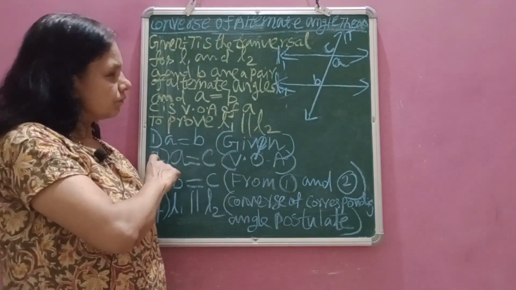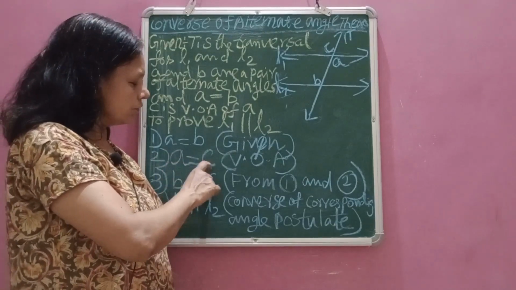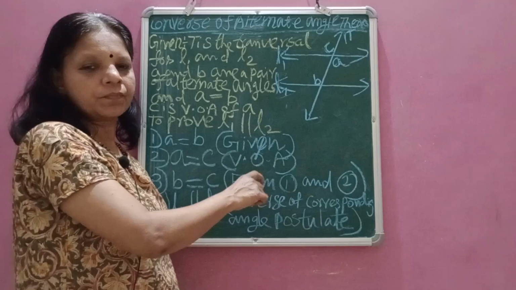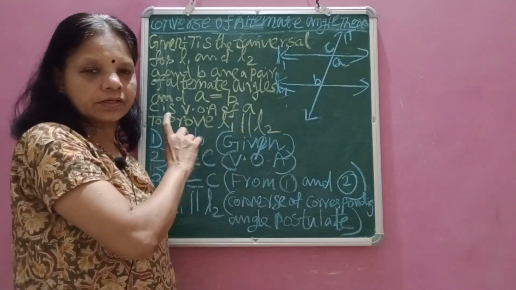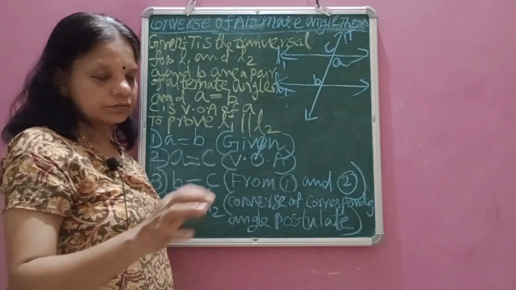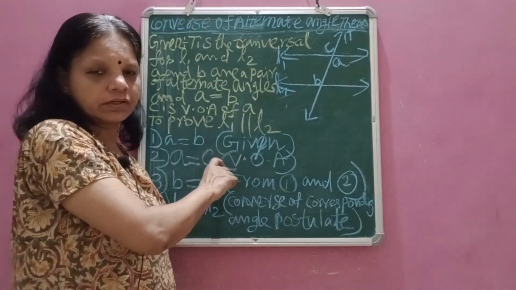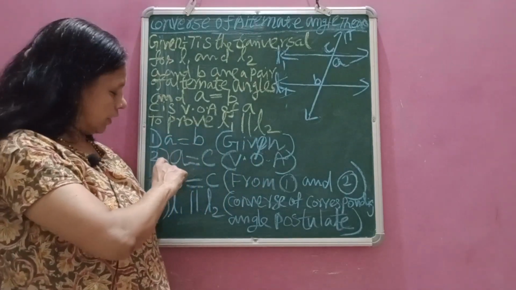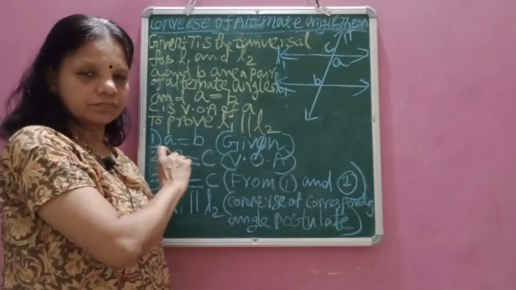Second statement, A equal to C. Reason you have to write vertically opposite angles. By that theorem, vertically opposite angles are congruent. So you have to write the reason vertically opposite angles. That is why A is equal to C.